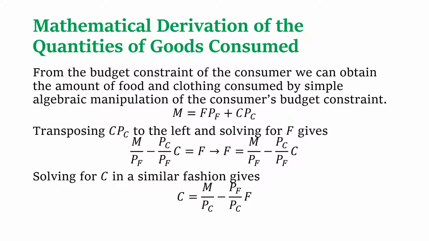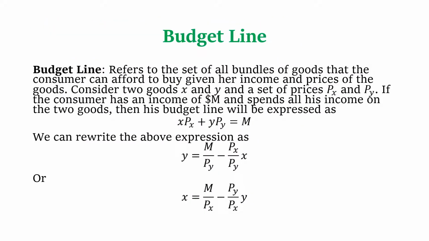So the mathematical derivation we have done, you see how we obtain the budget line. What we do here is divide both sides by PF or we divide by PC to get the budget line, right? So now let's look at two cases here, XPX plus YPY equals M. Here I want to find the budget line.